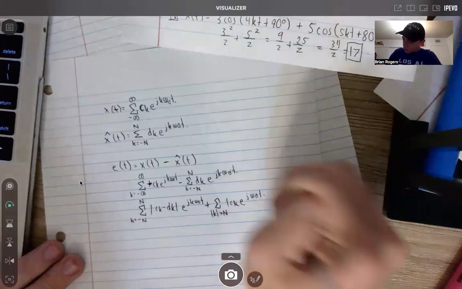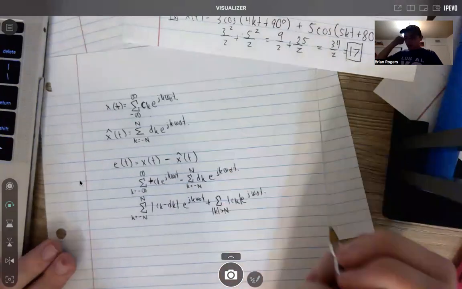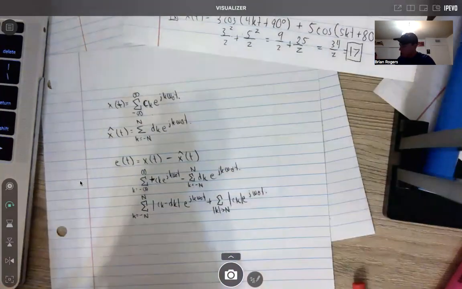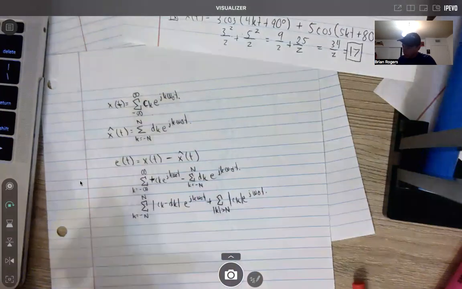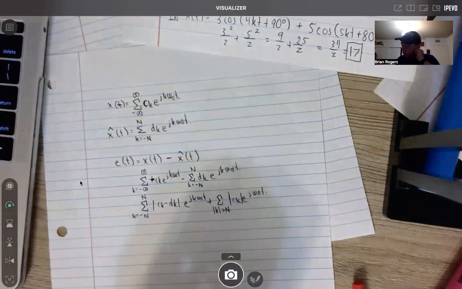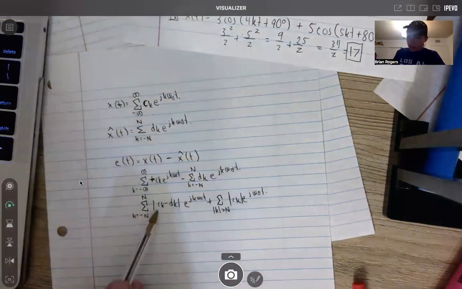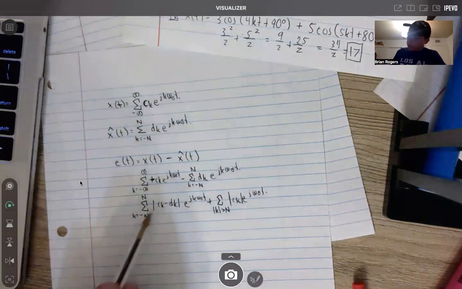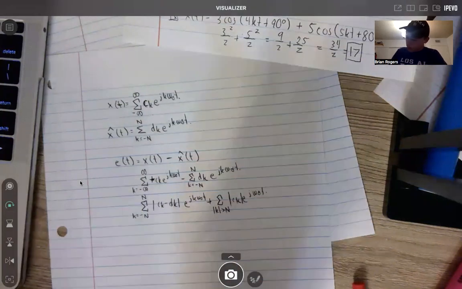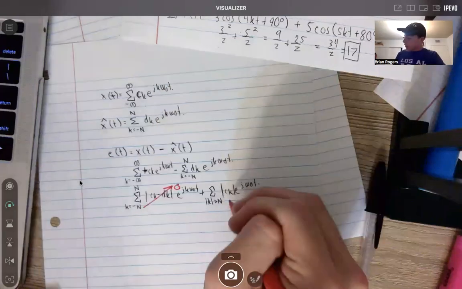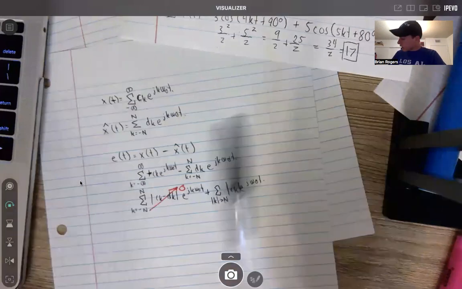And so what we have here is that the amount of error signal is going to be, this minus this will go to 0, right? Because if they are exactly the same, they'll calculate the same values for these values of n, so this should be 0. Whereas this will tell you the actual error. And so this is where we get the actual error from.